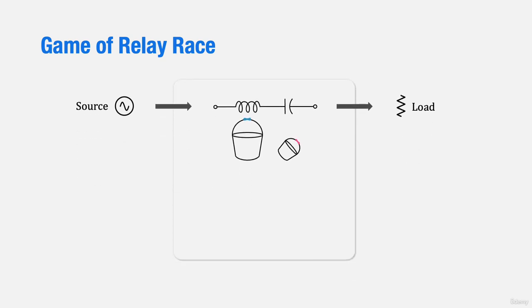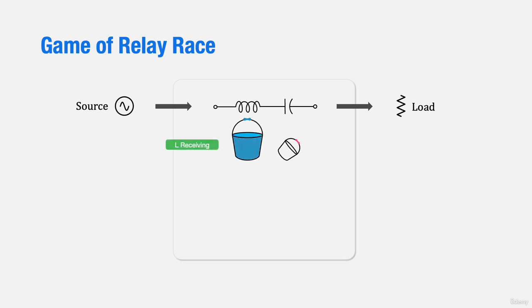To help illustrate energy transfer, let's use an analogy of a relay race. Imagine a series LC circuit with a signal source on the left and a load on the right. When we connect the source to the circuit, the signal travels through the series LC circuit and ultimately reaches the load. Initially, we assume that both the inductor and the capacitor buckets are empty.